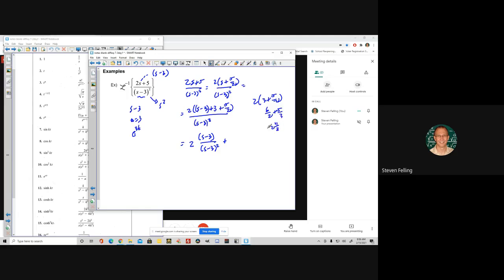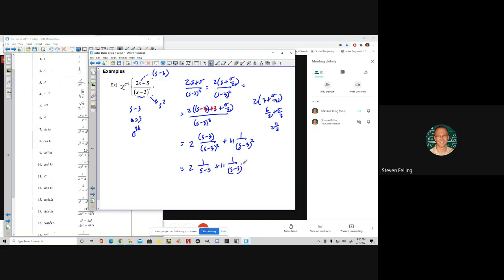So this is equivalent to saying we have 11 times 1 over (s minus 3) squared. By forcing this minus 3 plus 3 to occur, we're able to group this so that it matches this term here. That means this will cancel one of these on the bottom, which means now I can write this as 2 times 1 over (s minus 3) plus 11 times 1 over (s minus 3) squared.